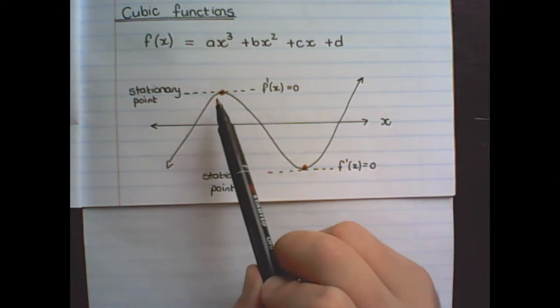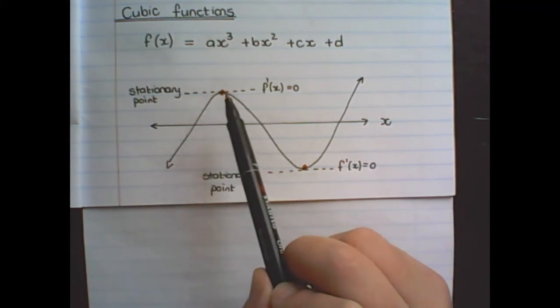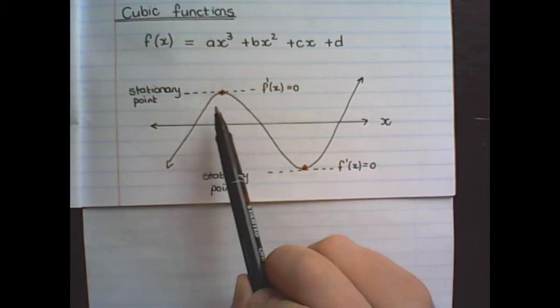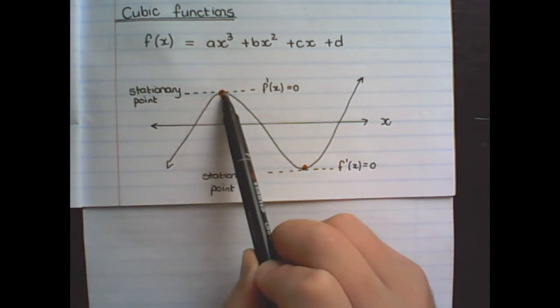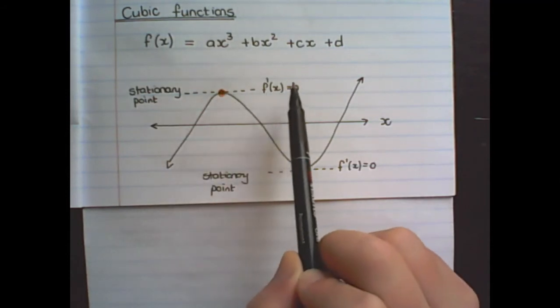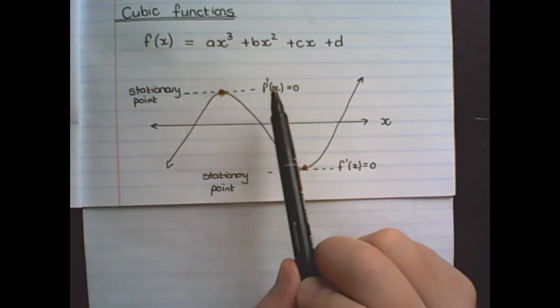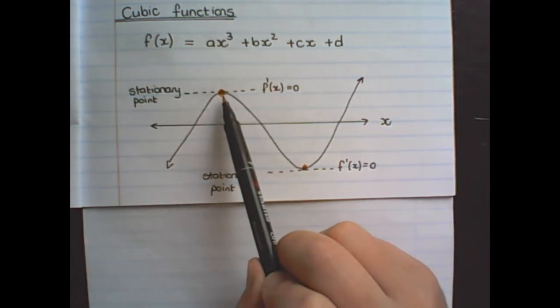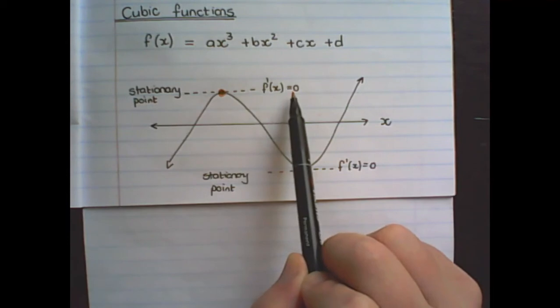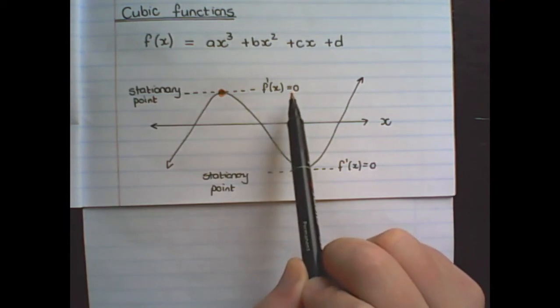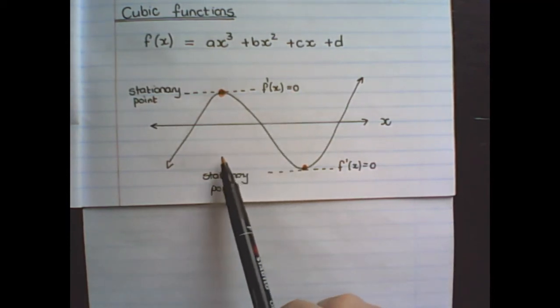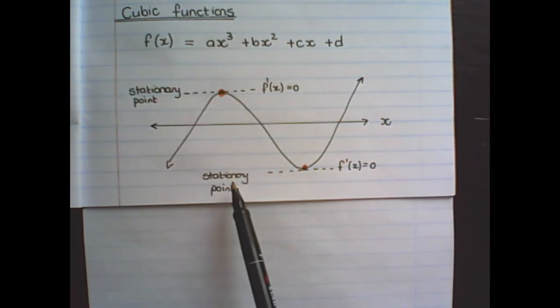And it has the same characteristic as a turning point of a parabola, where the gradient of the turning point is equal to 0. Therefore, the derivative at the turning point is equal to 0. But remember, we will refer to stationary points instead of turning points.